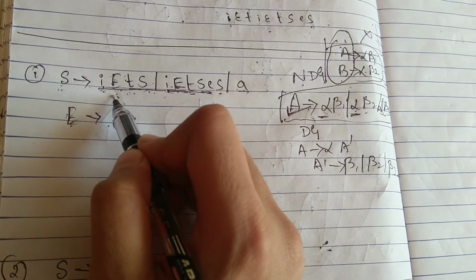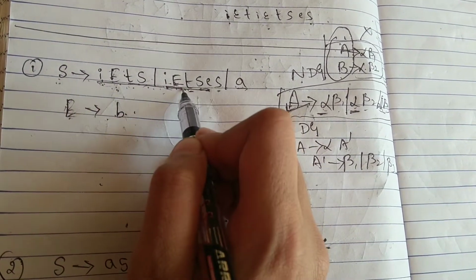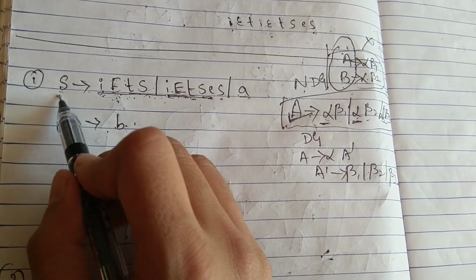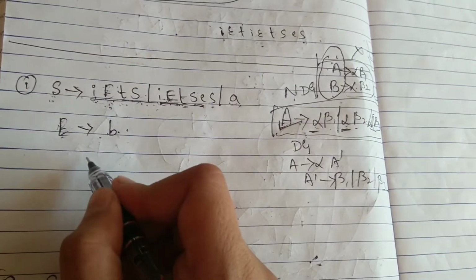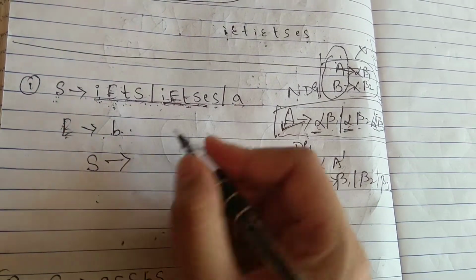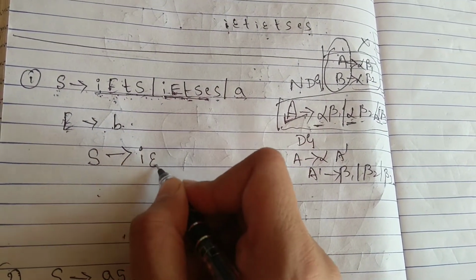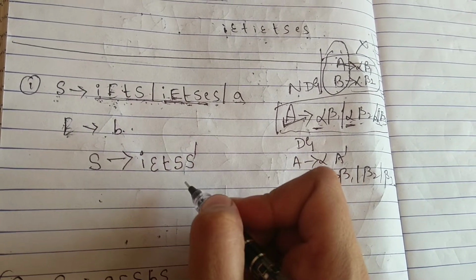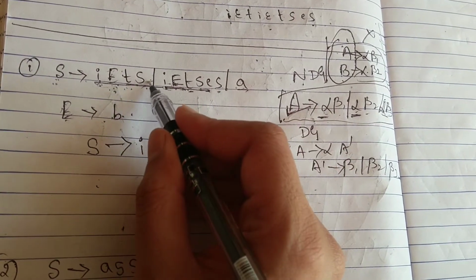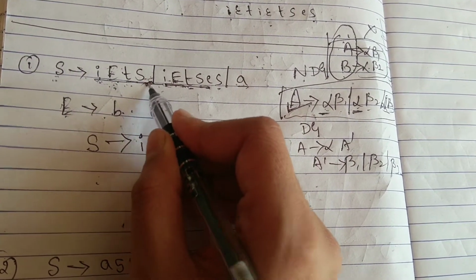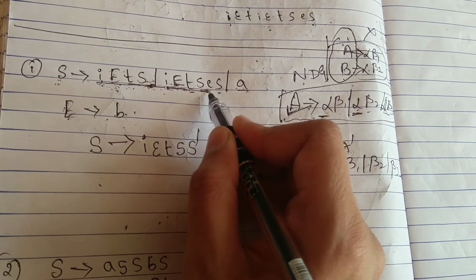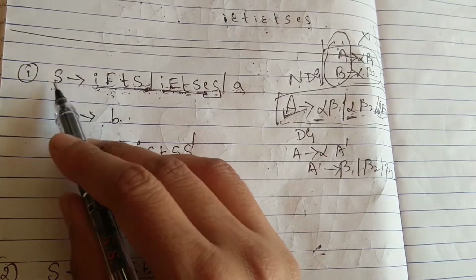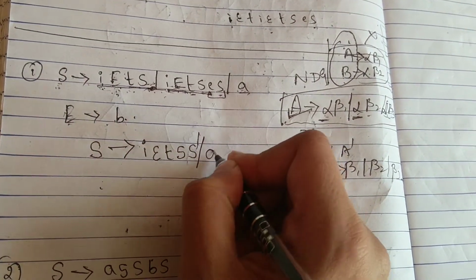So now how do I convert this non-deterministic grammar into a deterministic grammar? It is non-deterministic because the common prefix is there for a single variable, so there are more options for a given transition. So what will I do? S tends to if expression then statement S dash. S dash is what here? For the first case we don't have anything, but we have the next case, else S, as S dash, and a will relate to S only, so I will write a here itself.